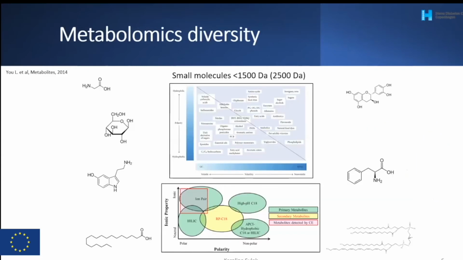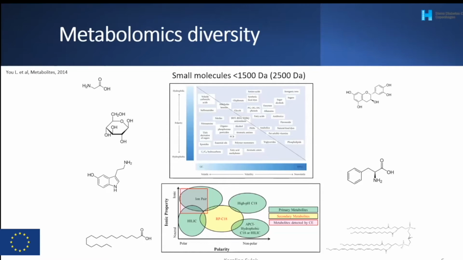So this gets me to the point that metabolomics is an extremely diverse field, if you compare it to other types of omics. And therefore, the analysis requires many different approaches.